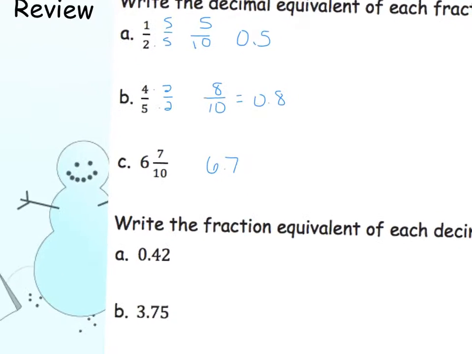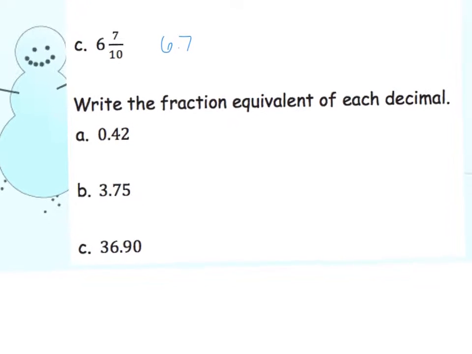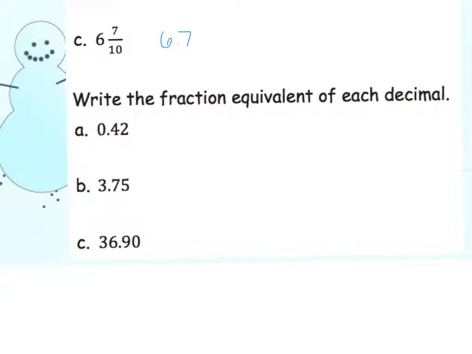Now we'll do the opposite. This to me is easier, but you have to remember to simplify. So the fraction equivalent of each decimal. We say this 42/100. So you can go ahead and simplify in a variety of ways.